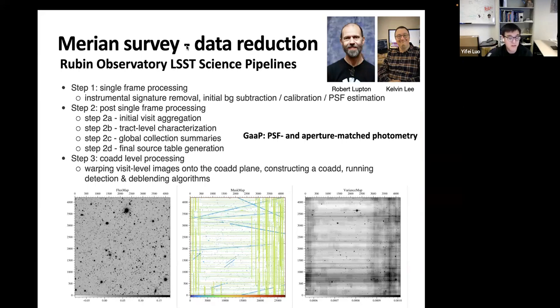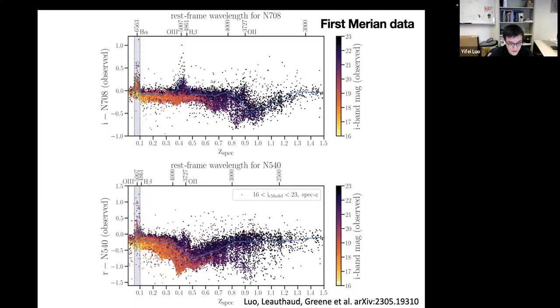It's actually one of the first uses of the LSST pipeline on ongoing real data. Well, HSC is also a science case, but HSC uses a modified version of the LSST pipeline.